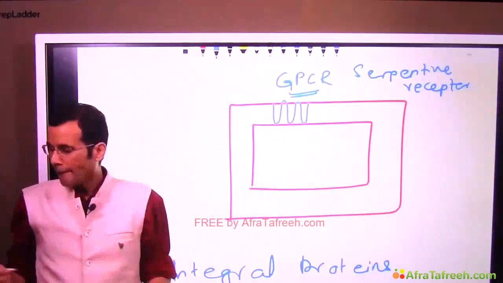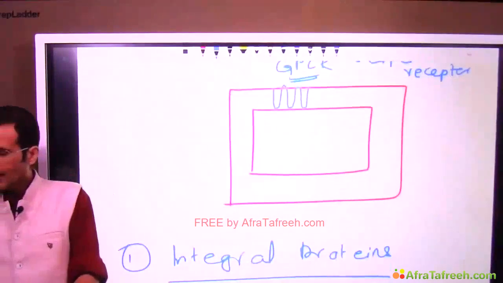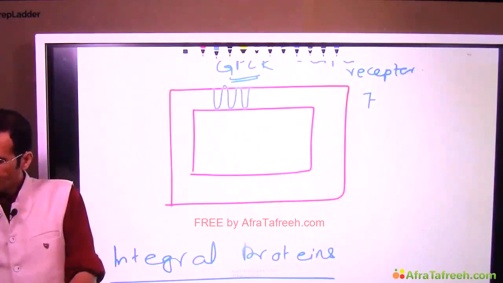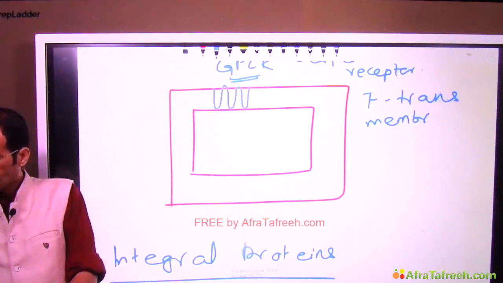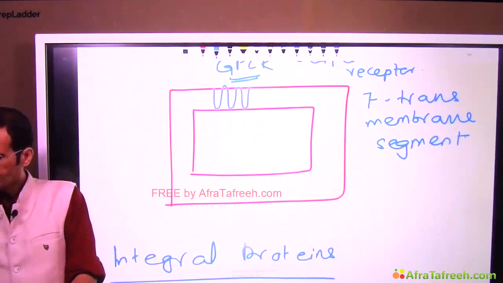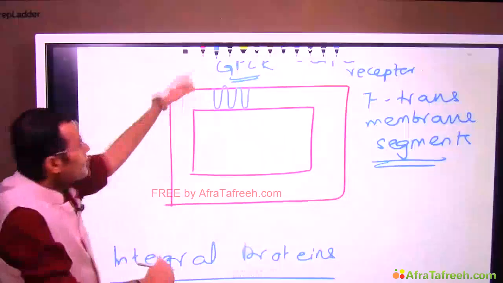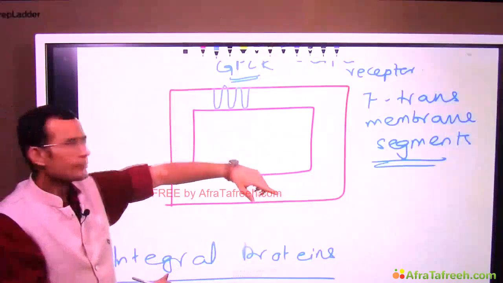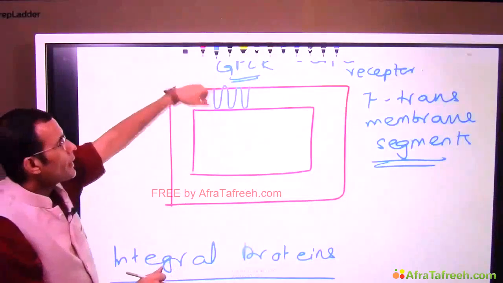So, serpentine receptor, and remember it has 7 transmembrane segments, which means it spans the membrane 7 times.